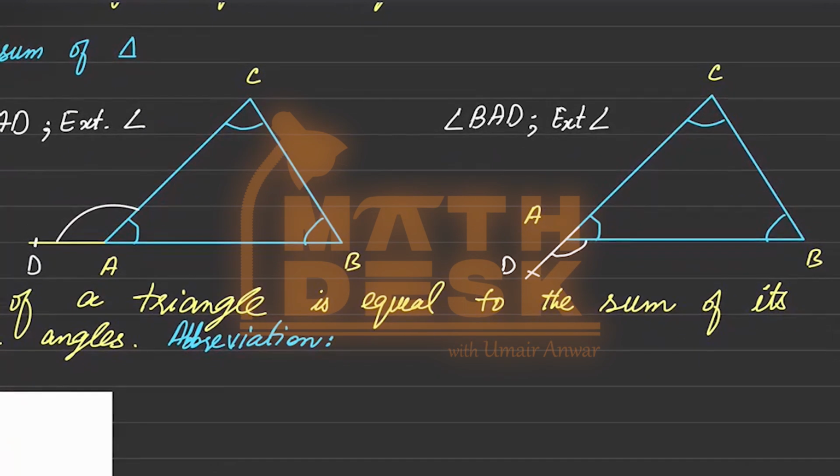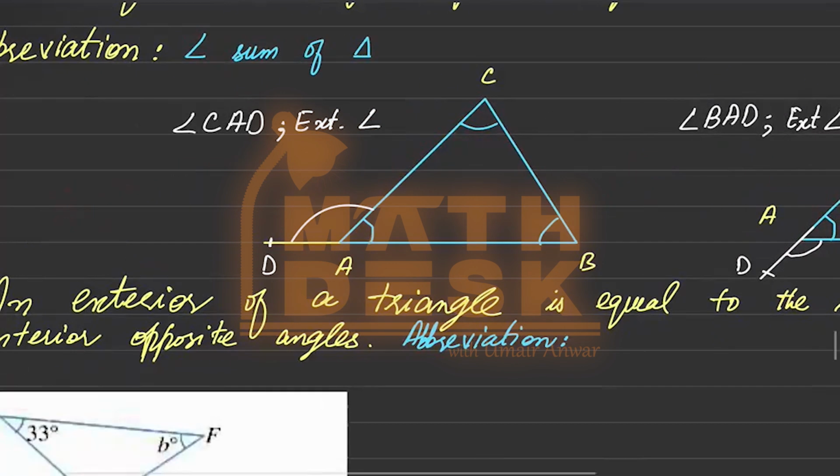That you could extend one of the arms of the angle of the triangle, and you could form an exterior angle of the triangle. Now, this exterior angle is equal to the sum of the two opposite interior angles. Basically, the angle CAD would be equal to angle B plus angle C of the triangle, which are the interior angles. So opposite interior angle sum would be equal to the exterior angle formed at the other point.